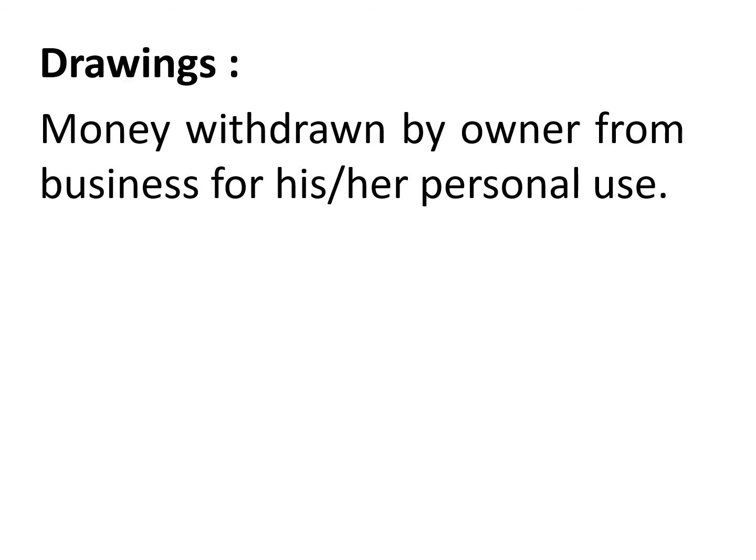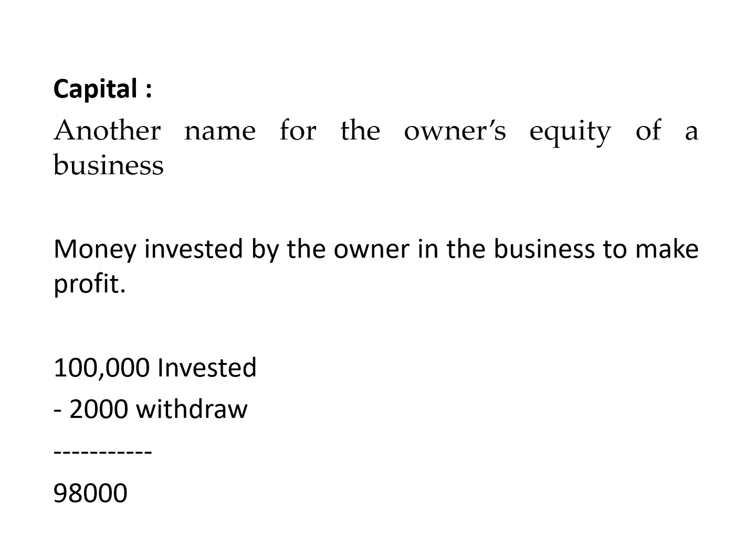So drawing is the money which is withdrawn by the owner from the business for his or her personal use. Capital is another name for owner's equity in the business, and it is the money invested by the owner in the business to make profit.